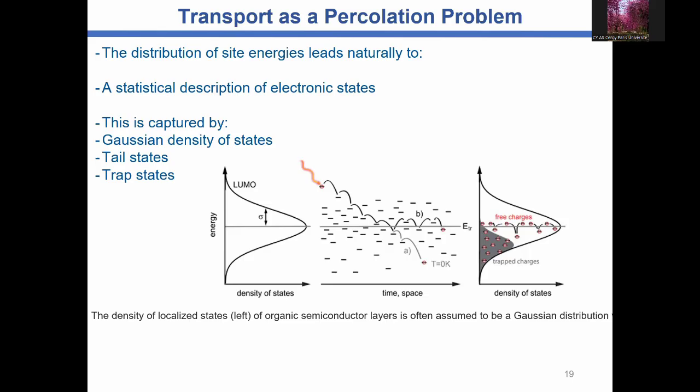So they are really deep traps in your material, inside the Gaussian that you have. So sometimes you cannot distinguish if they are free states. So to do it, you must analyze in terms of temperature if you want to see the charge transport properties of the material.